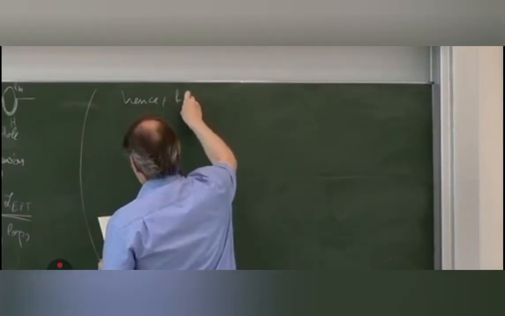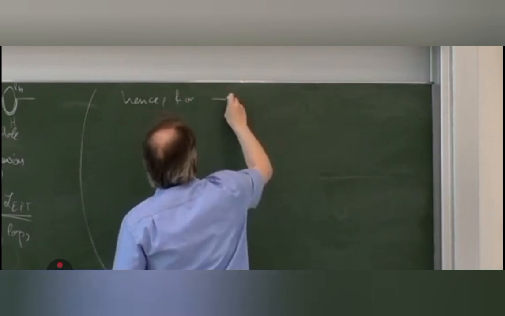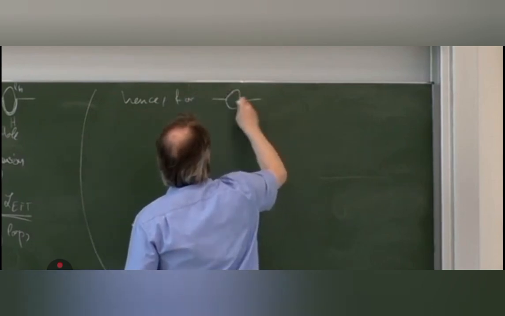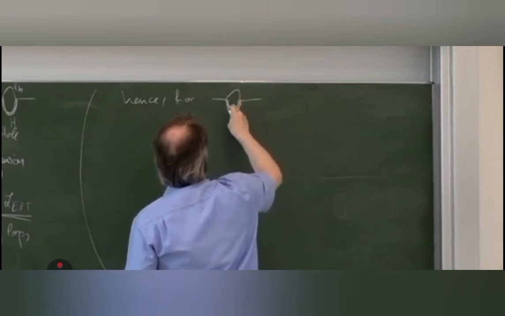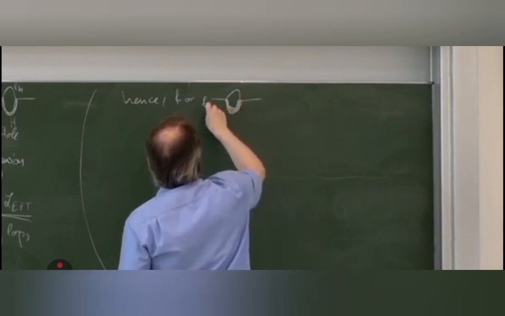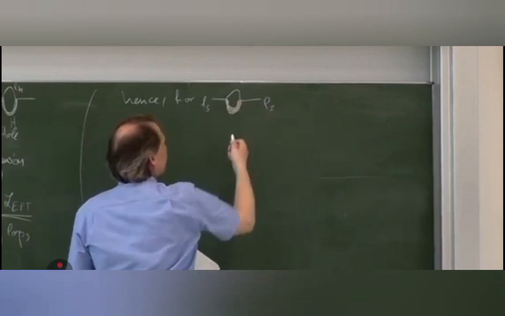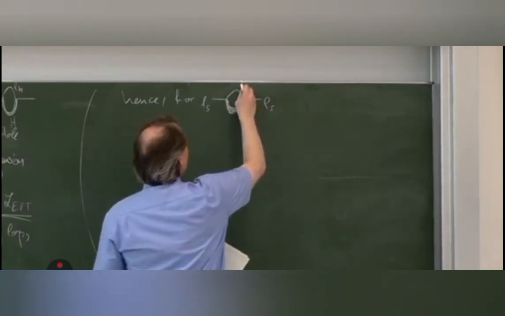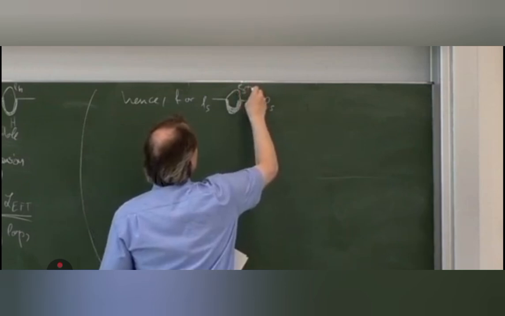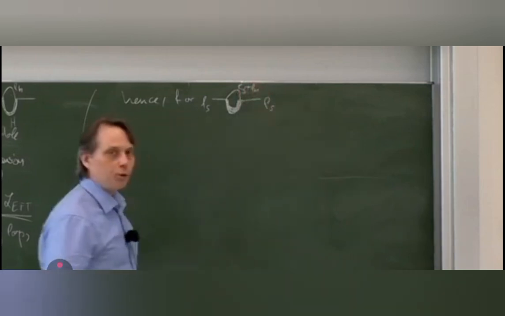Hence, if we do the full calculation of this example, we have two external light fields, and in the loop we now take the full theory. That means in the loop we can either have here LS or LH, we can have both.